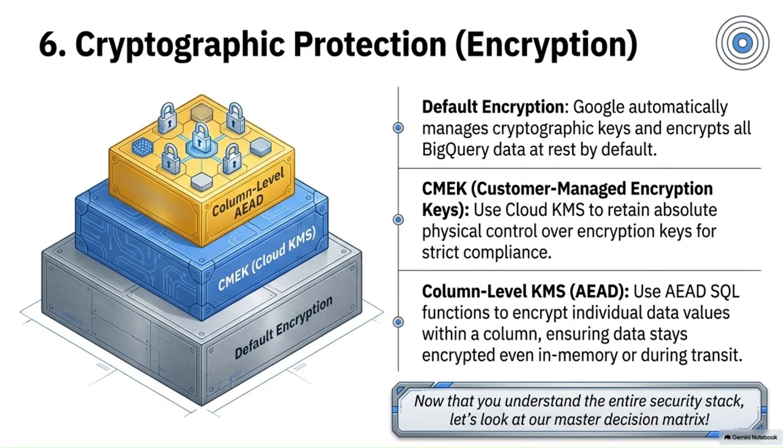Now, in encryption also there are various ways. Default encryption automatically comes from Google. All the data that is stored in BigQuery is encrypted. Then there are customer managed keys. So you manage the keys, and you make sure that the keys you are using are managed by you over the cloud itself, and it is Google Cloud.